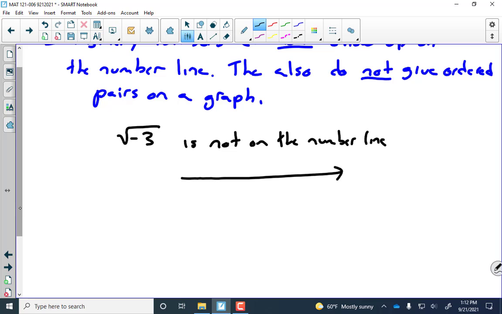This number line is full of positive numbers, negative numbers, 0, rational numbers, irrational numbers, long decimals, big fractions, but you're not going to find imaginary numbers anywhere on there. And if an imaginary number doesn't belong on here anywhere, then when you plug it into a function and get a result, you can't have an ordered pair because the x value doesn't show up anywhere on the number line.